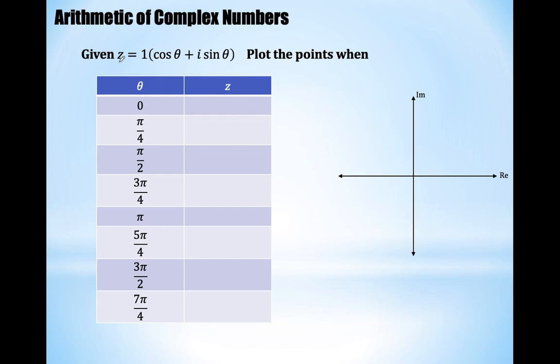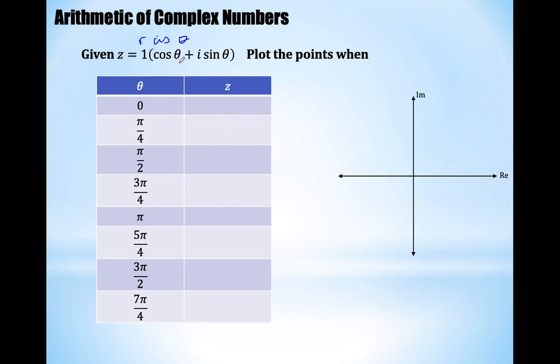So I'm giving you a particular complex number in polar form, right? Here's r cis theta. But I'm giving you different values of theta, and I'm asking you to plot on the complex plane.